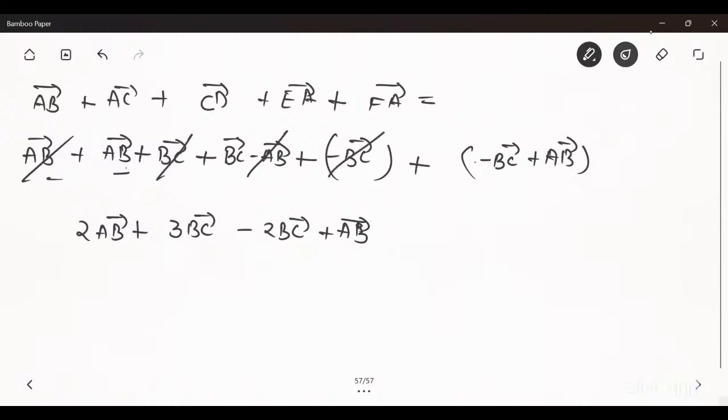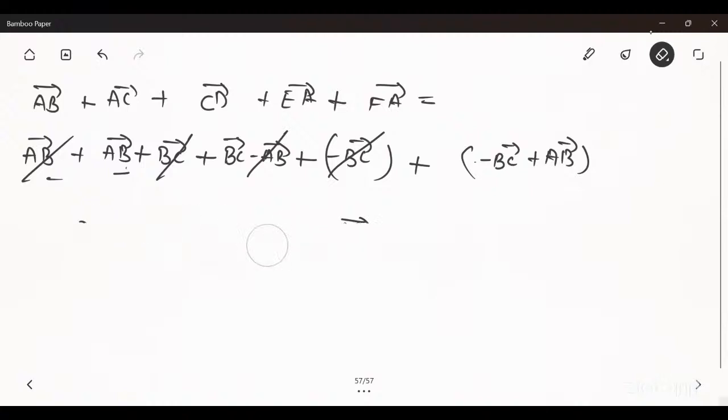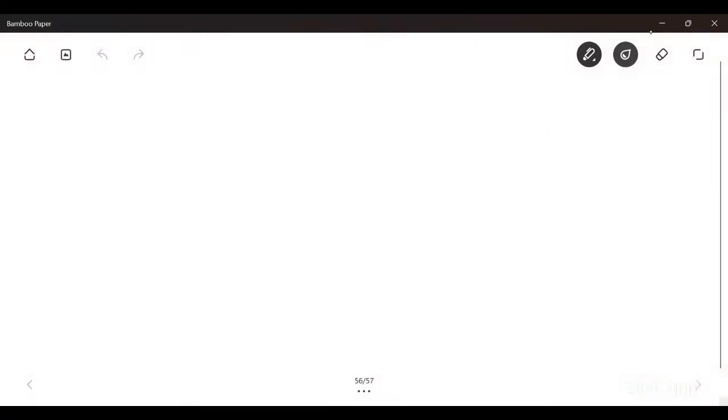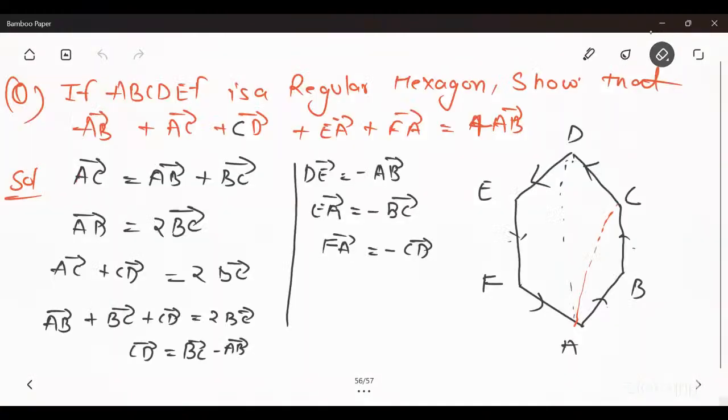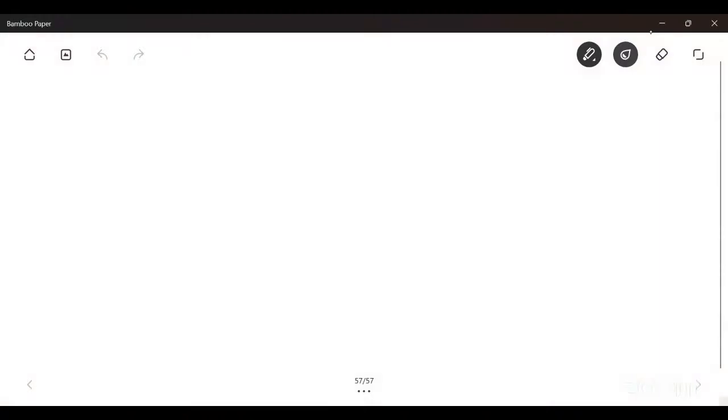So AB vector plus AB vector, 2AB vector, and BC vector is cancelled by BC vector. So the answer will be 2AB vector. So there will be a misprint in the question in your book. It will become two times. Okay, so this is your question.